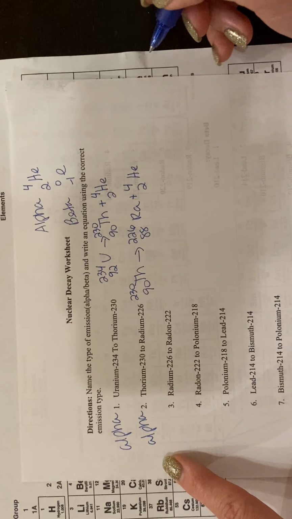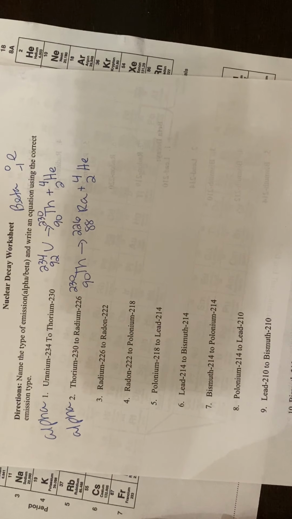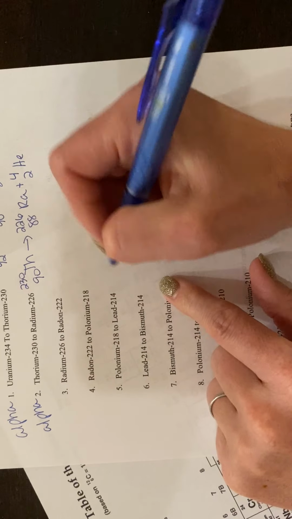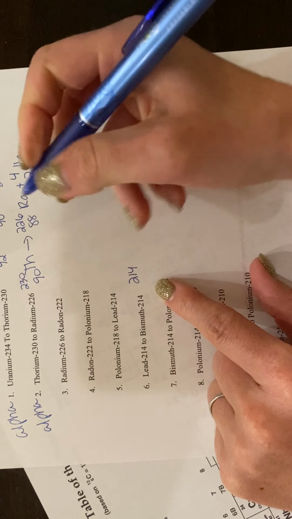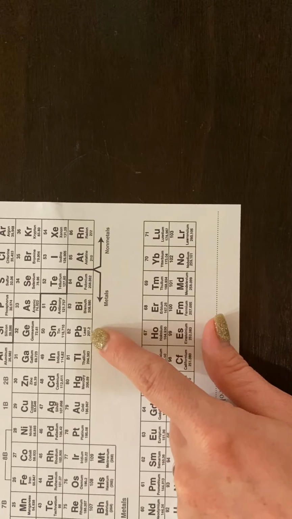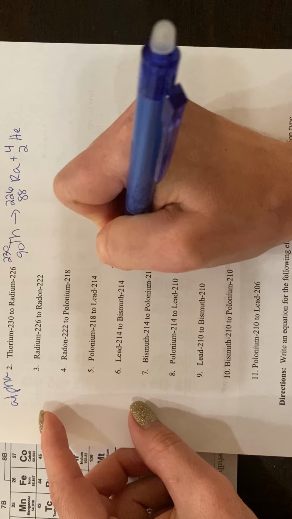Let me find one that's going to be beta. Here we go. We'll do number 6. So lead-214. Lead is Pb on your periodic table right here, Pb. And it has an atomic number of 82.